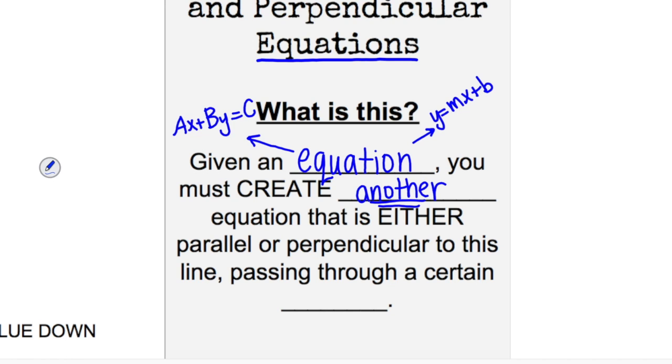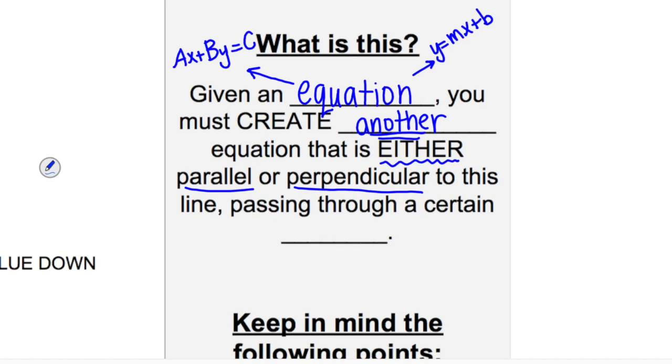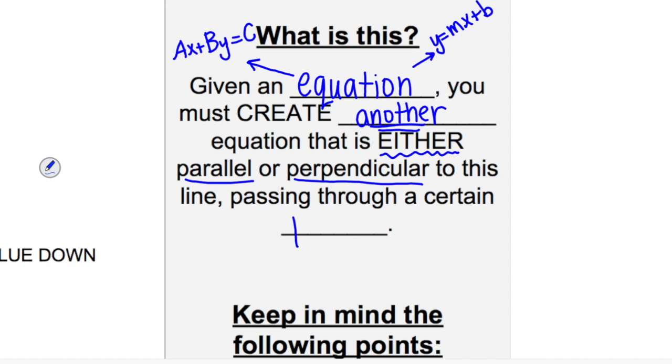So we're going to have an original one, and we're creating a new one from that, that is either parallel or perpendicular to that original line through some certain point that is going to be given to us. So our new line must be passing through that. And remember, a point is given to us with coordinates x and y.